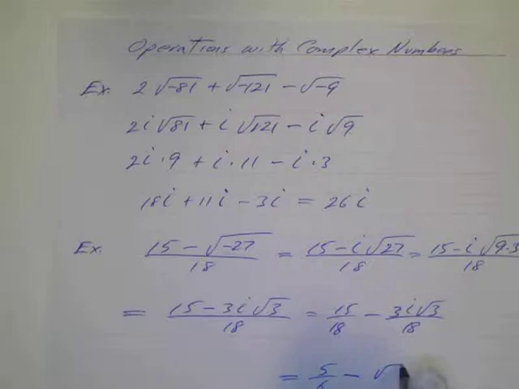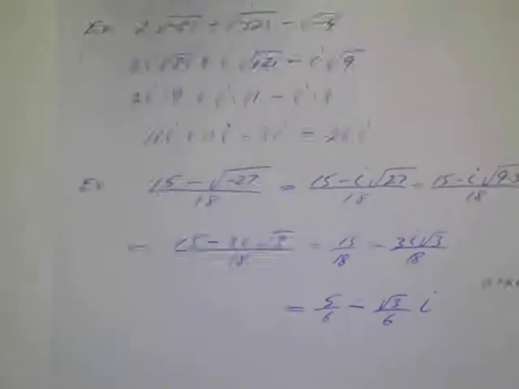So it's going to be the square root of 3 over 6, and then we put the i at the end in this case. So this is that standard form, a plus bi. In this case, the b is negative the square root of 3 over 6. And then you leave it like that.